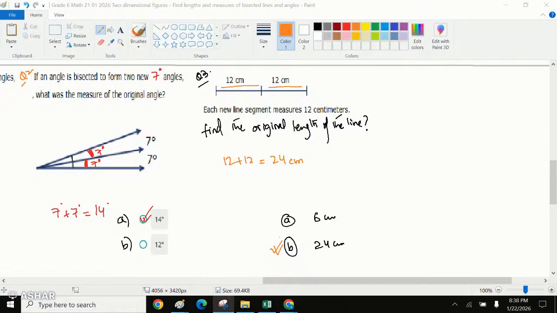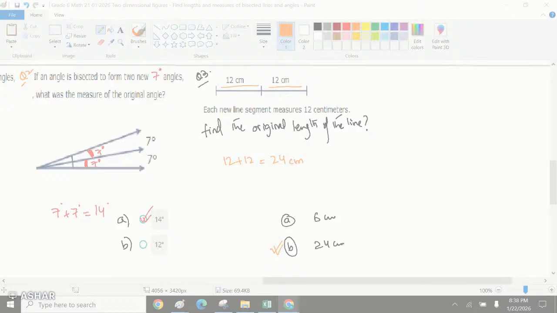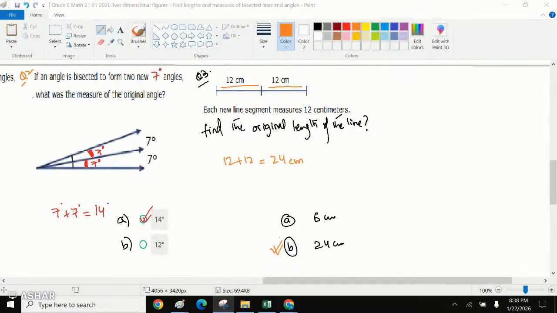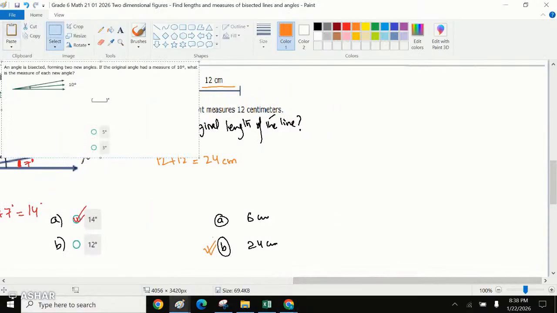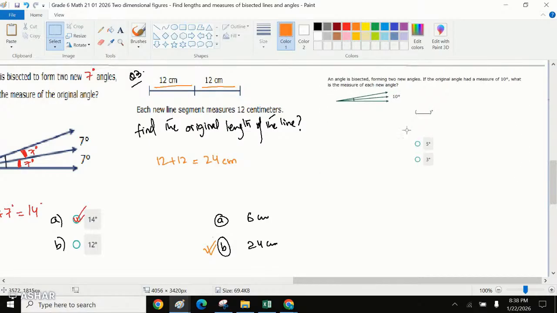For the next question, question number 4 from the test quiz, let's just copy this.